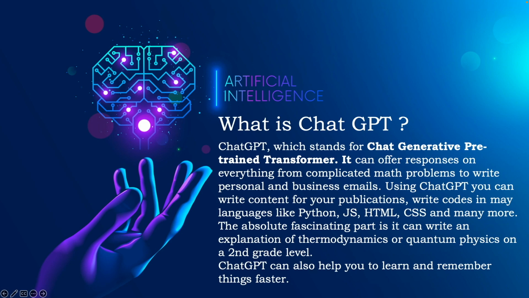ChatGPT can also help you to learn and remember things much faster. What is unique about ChatGPT is it presents information in a human readable and understandable format. To use ChatGPT, you will ask questions or interact the same way you chat in Messenger or WhatsApp with your friend.